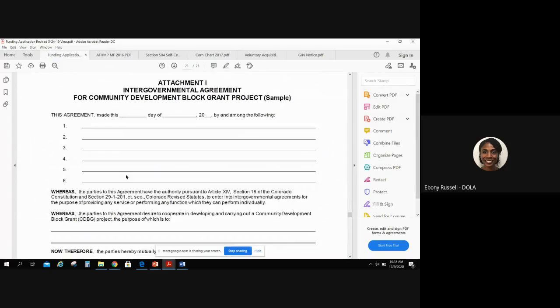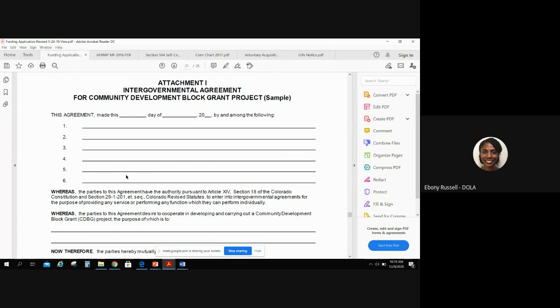An intergovernment agreement, or intergovernmental agreement, is applied to projects or programs like down payment assistance and single family owner occupied programs, because those programs span different counties.